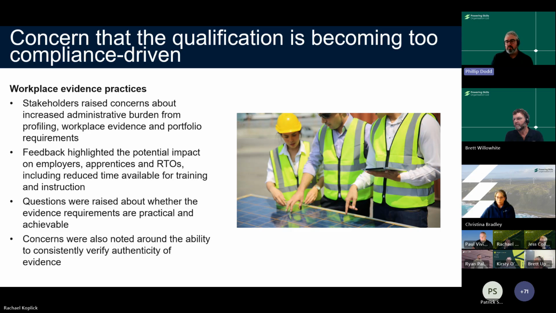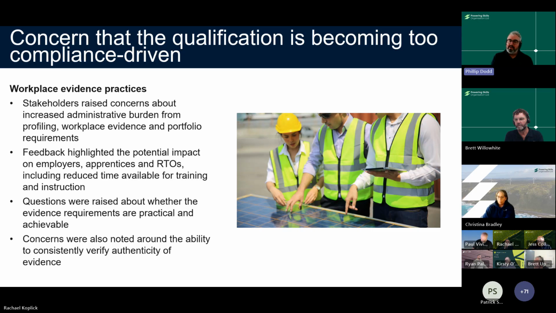We look at inductions, and the rights and responsibilities of the different people who are involved in the contract of training, employers, apprentices and RTOs, and what each of those brings to the table.